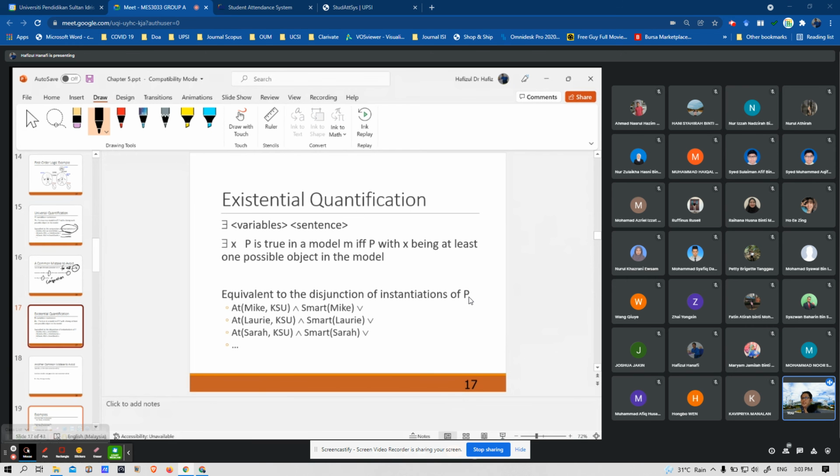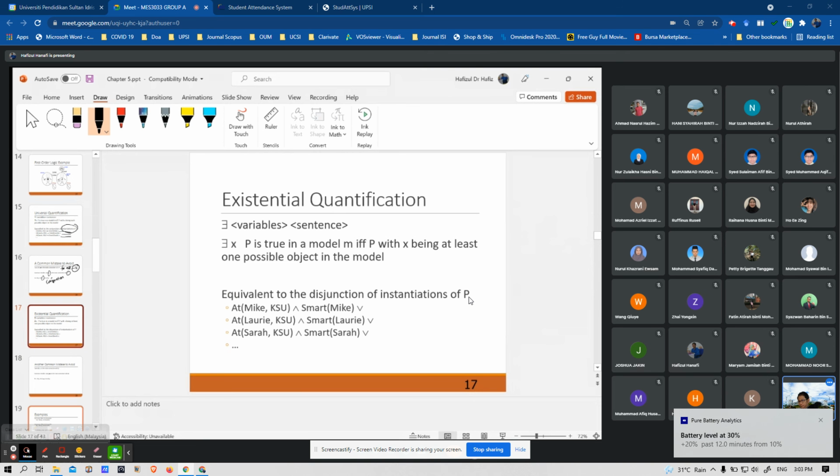For the existential quantification, "there exists x, P" is true in the model M if and only if P is true with x being at least one possible object in the model.